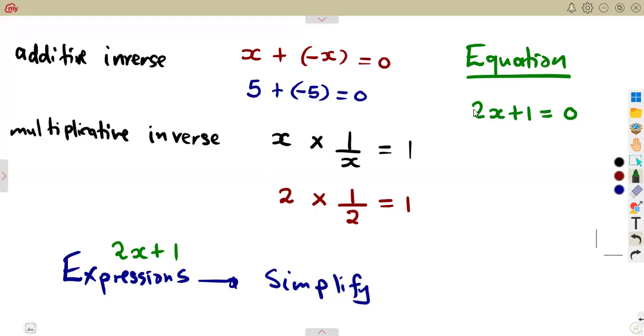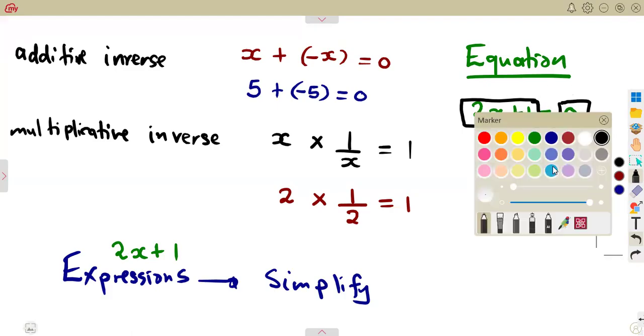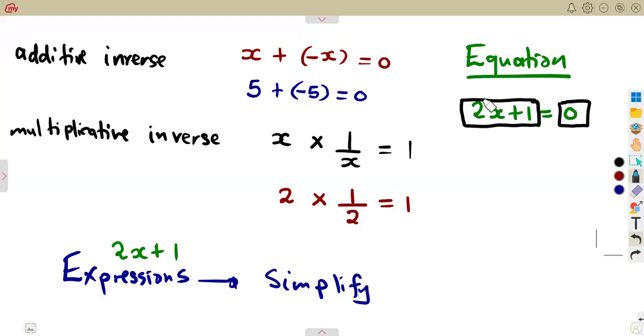The moment we write 2x plus 1 is equal to 0 like this, the moment we have a certain expression or a certain term on the left-hand side equal to another part which is on the right-hand side, that is what you refer to as an equation. So it separates two things, one on the left, another one on the right with an equal sign. They are separated with an equal sign. You call that one an equation.